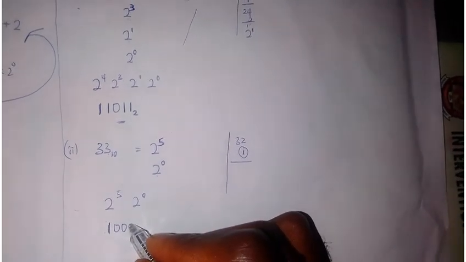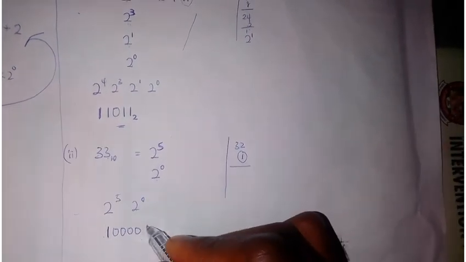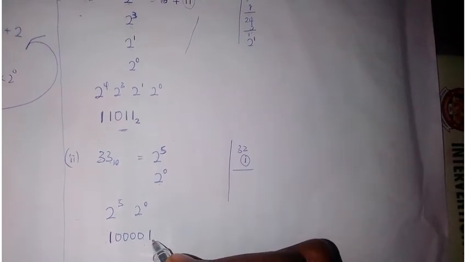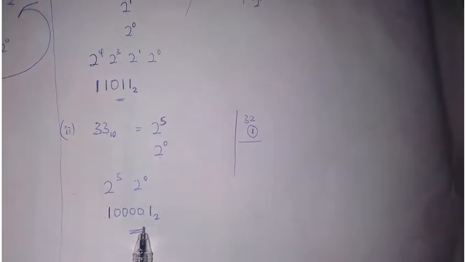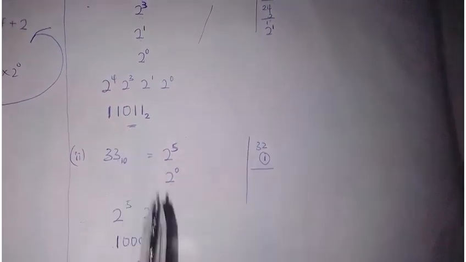No 2 raised to the power 3, 0. No 2 raised to the power 2, 0. No 2 raised to the power 1, 0. There's 2 raised to the power 0, 1. So this is 5, 4, 3, 2, 1, 0. This is the answer, base 2. It also means that if I convert it to base 10, I must get 33 base 10. And that's the solution to this question.